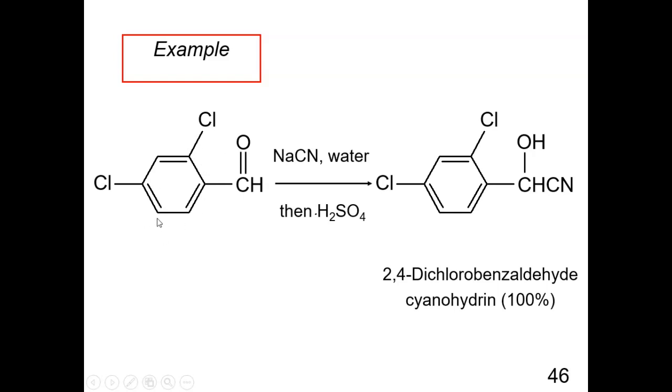So you don't need to worry about this part, it just will be carried over in the product. So what happens is cyanide ion attacks the carbonyl carbon, then in the second step you add sulfuric acid and you get the cyanohydrin, in nearly 100% yield.